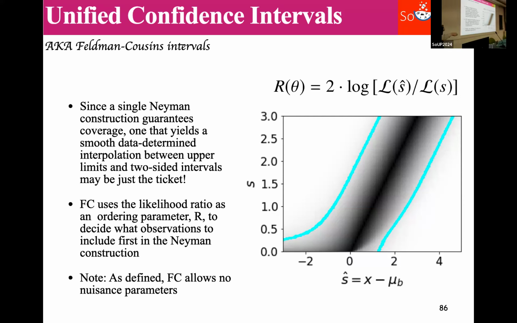If I go up here, if I measure the median result, then I'm also just going to get an upper limit. If I get a higher value here, if I have an upwards fluctuation, then I'm going to get a two-sided confidence interval here. If I measure S hat equals 2, then my confidence interval is going to be something like 0.5 to 5 or something like this, which is great. That's exactly what we want.